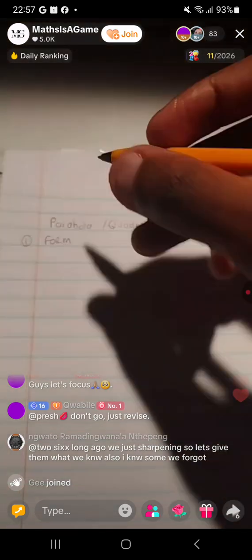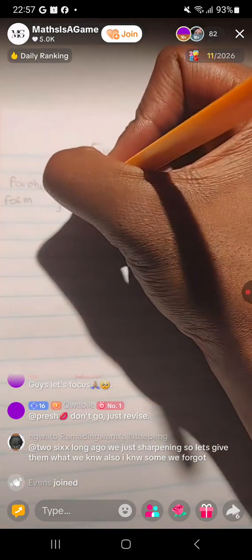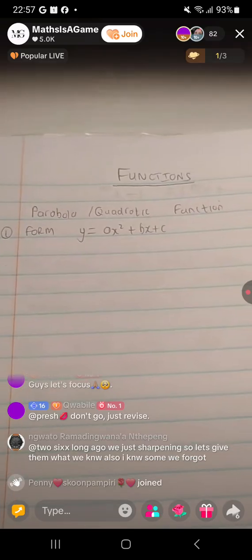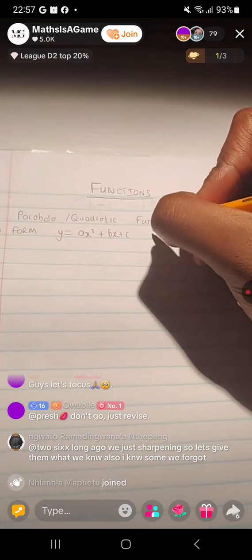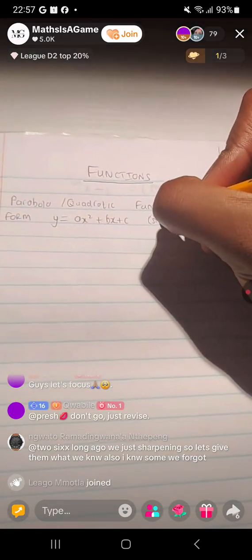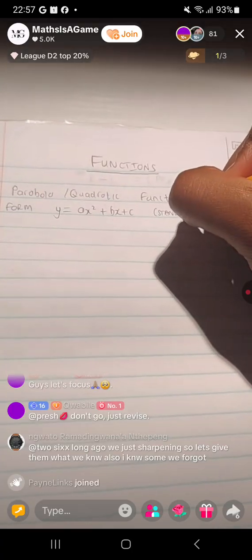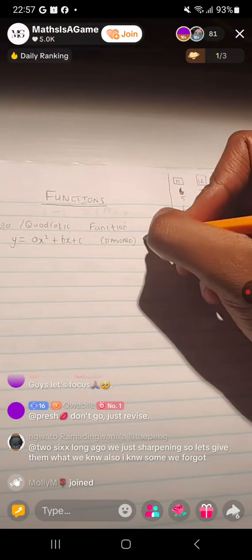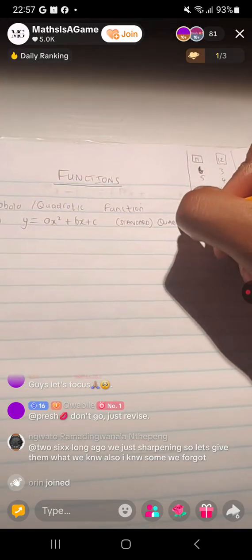Okay. So the form of the parabola function is y is equal to ax squared plus bx plus c. All right. This is the standard quadratic form. Okay, the standard quadratic form.